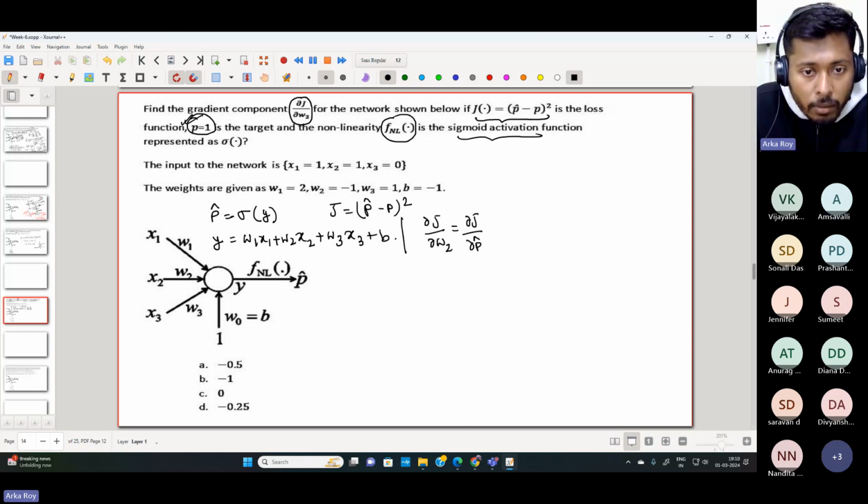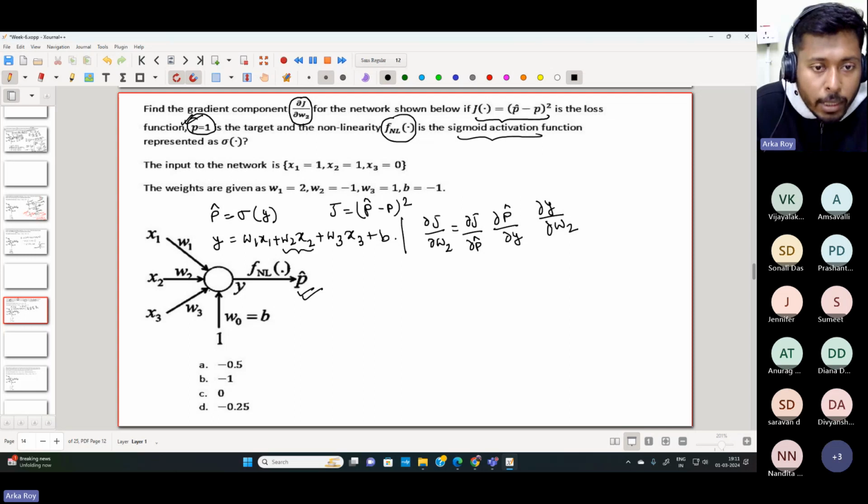We are trying to extract p hat, so p hat is the variable and p is a constant value given as 1. Then del p hat by del y, and then del y by del W2, because you can see that y is made up of W2. So y can be differentiated with respect to W2.